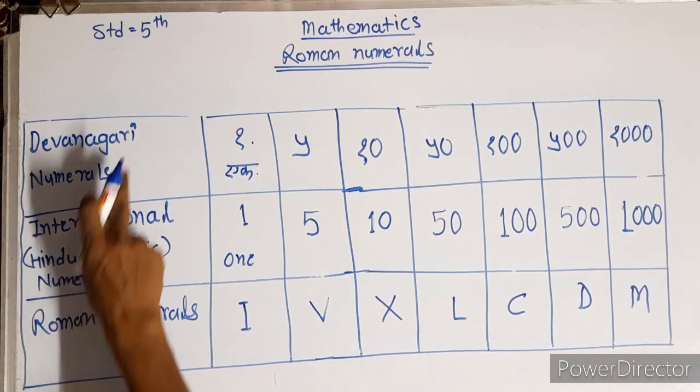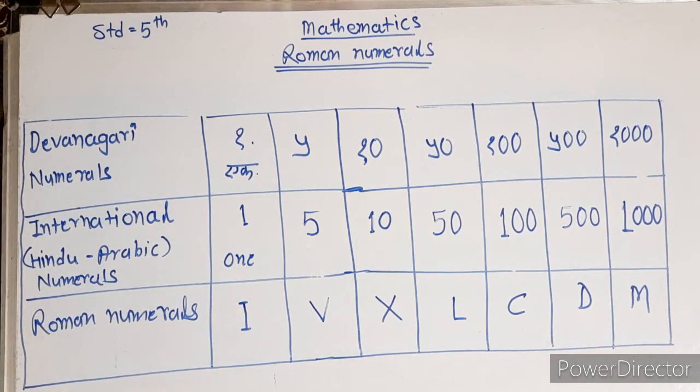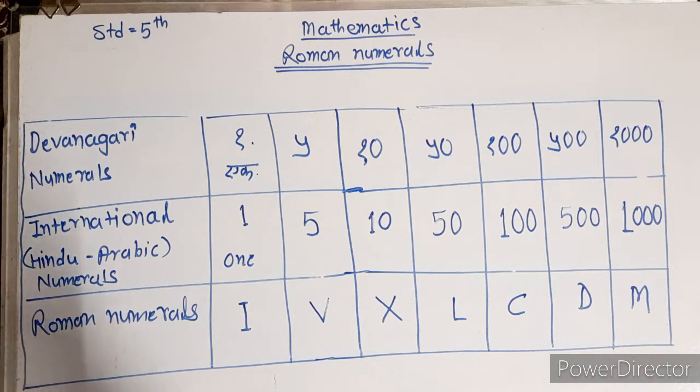You know the Devanagari and International numbers are always different types. Every number has a different sign, different type.